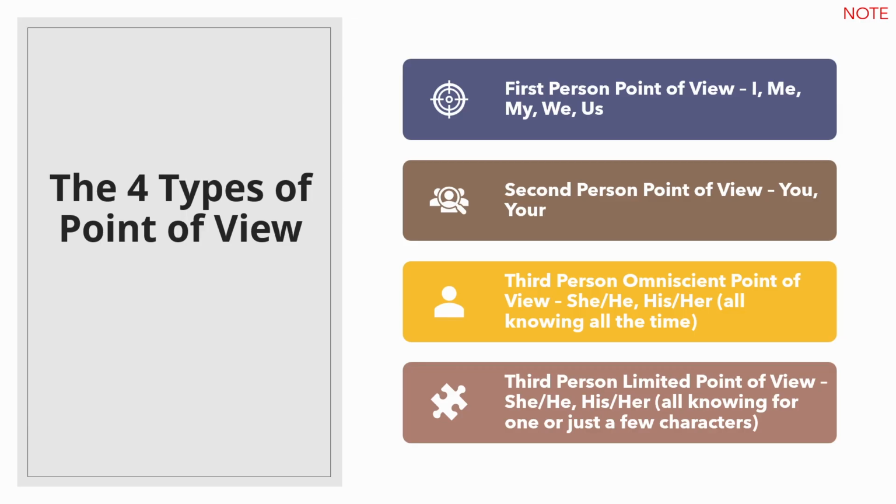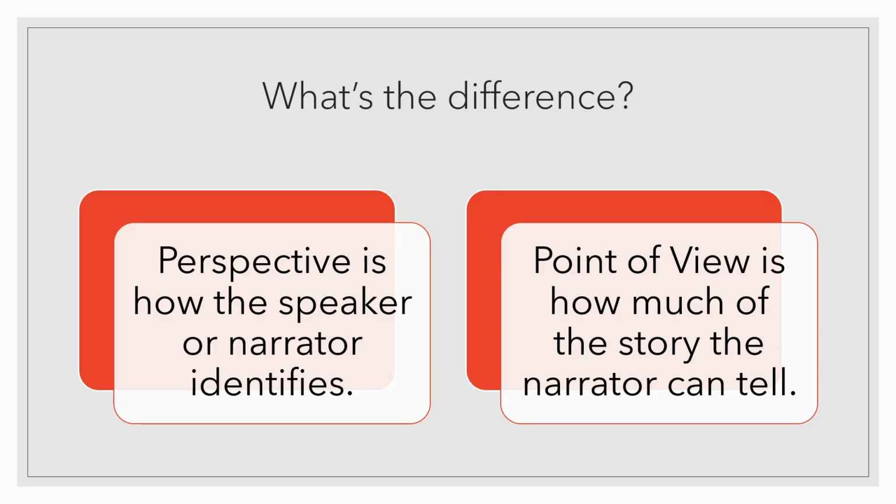The entire narrative can change just if we change the perspective or point of view. So again, sometimes we hear these words used interchangeably, but they're not. They have their distinct definitions. A perspective is how the narrator or speaker identifies, but the point of view is how much of the story the narrator can tell.